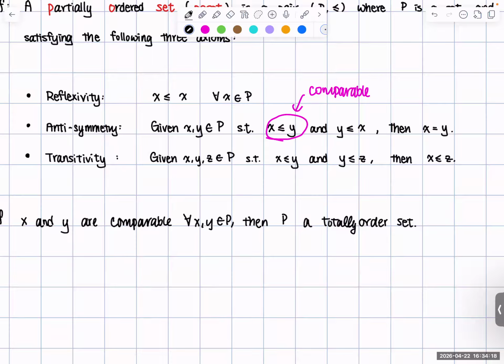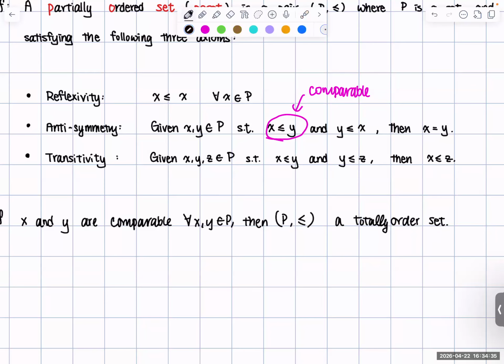Sometimes I will not write the ordering notation unless it's ambiguous; otherwise I will just write the set. This is called a total order, meaning that you can compare everything.